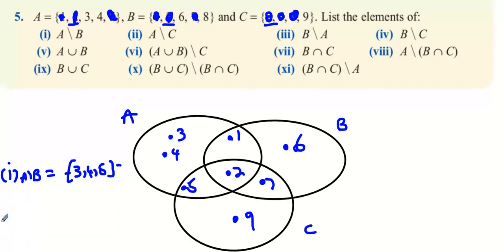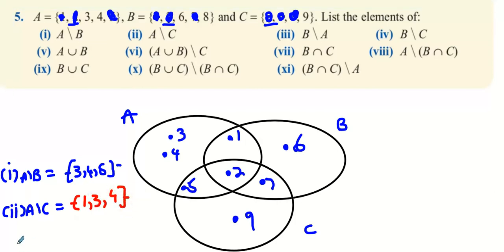Okay, part 2. Everything in A that's not in C. Well, you're not allowed in this region here because this is C. So everything else that's in A is 1, 3, and 4.